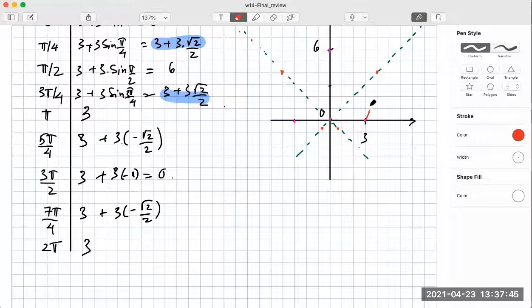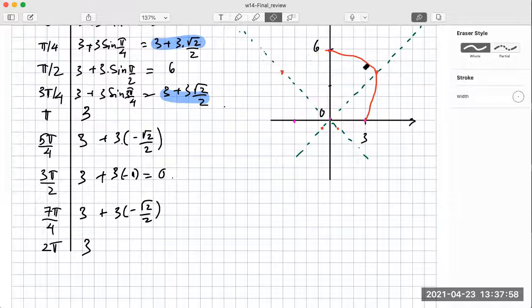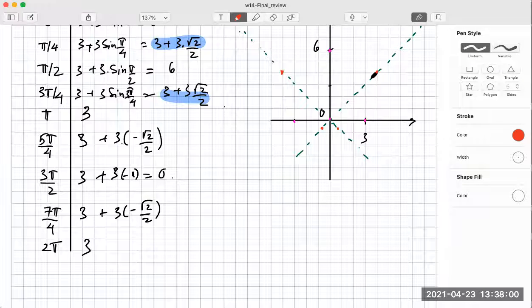Yeah, just estimate. I think 5 should be somewhere here instead. Let us just estimate. You can double check it at home to see how the graph looks.